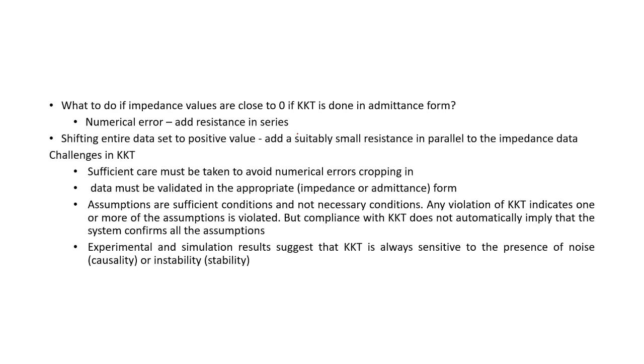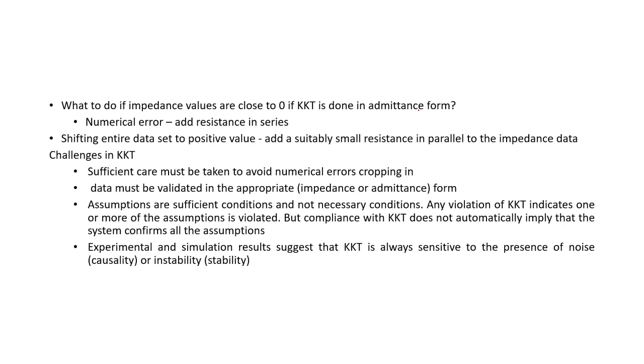My values are very close to 0, and when I take the inverse, that value will be very huge. So there is a possibility that when I am doing the KKT in admittance form, it can go to a large value and I cannot check the KKT compliance. So what can be done in such cases?